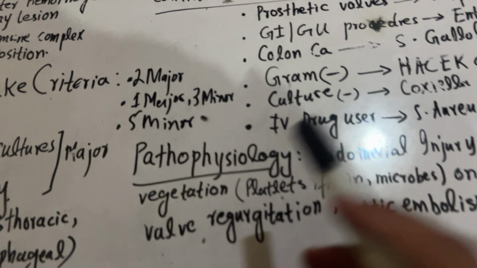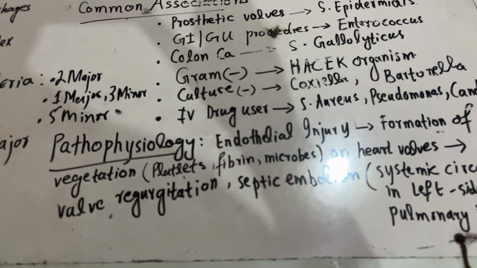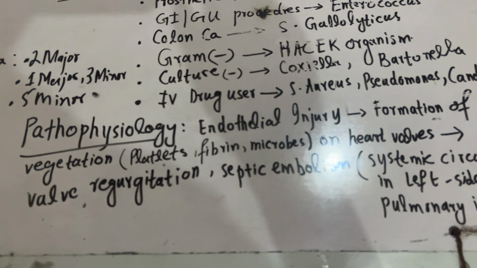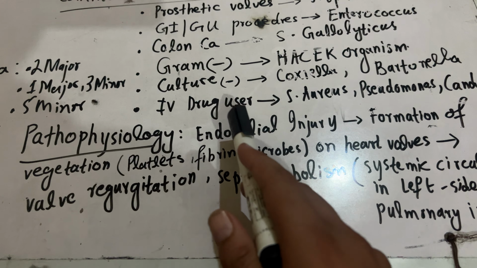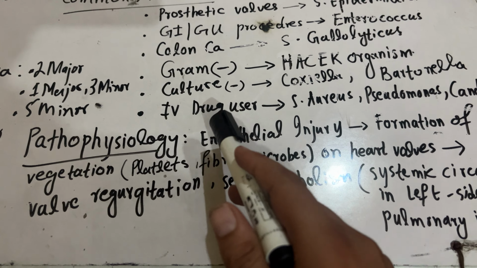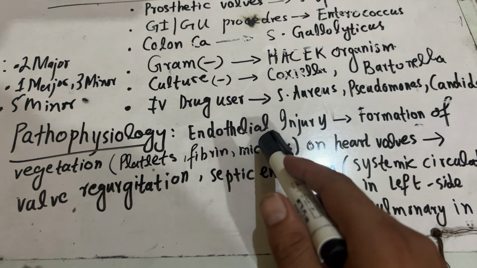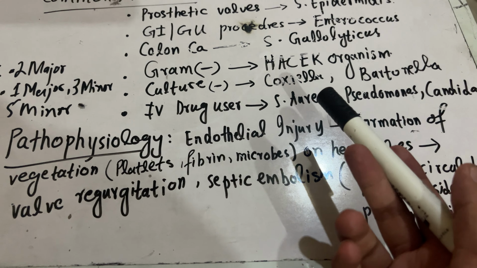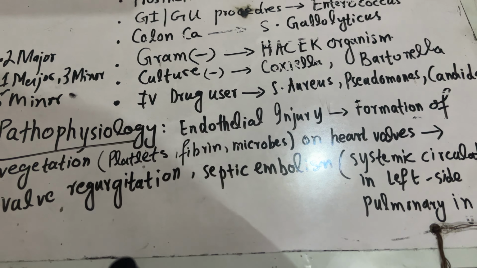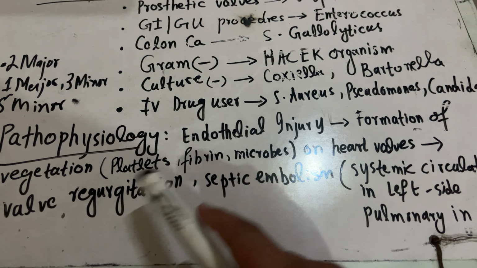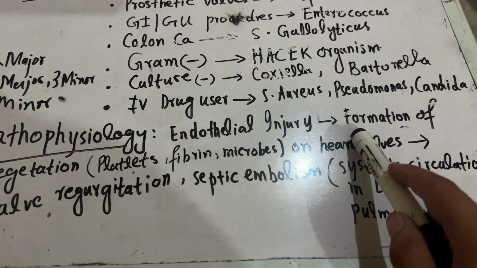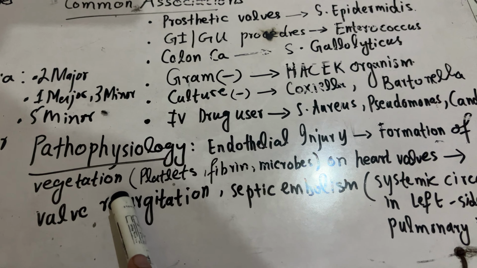Now, coming to the pathophysiology of infective endocarditis, the first step is endothelial injury. It can be due to a previously damaged valve or congenitally abnormal valves. When there is endothelial injury, it can lead to formation of vegetation.